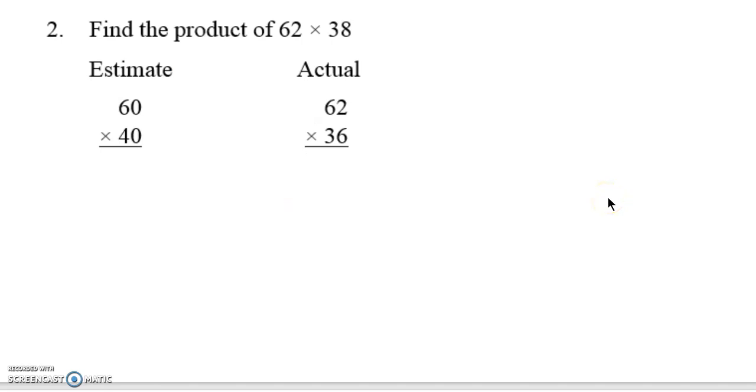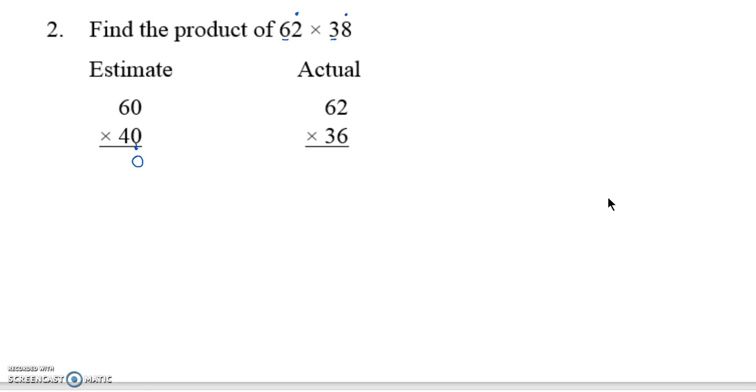Number 2, they've also done the estimating for us. Notice that 62 is rounding to 60 and 38 is rounding up to 40. So we're going to go ahead and multiply. What we can do here when we have a 0 is we can actually just bring that down and go right over to the 4.